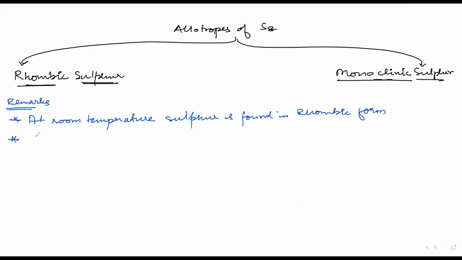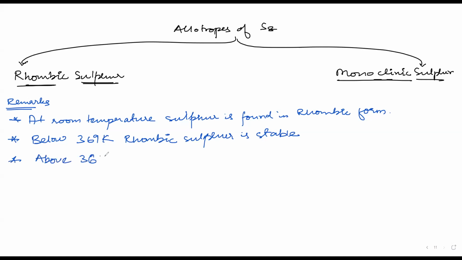Now, second point, below 369 Kelvin, rhombic sulfur is stable. Above 369 Kelvin, monoclinic sulfur is stable.